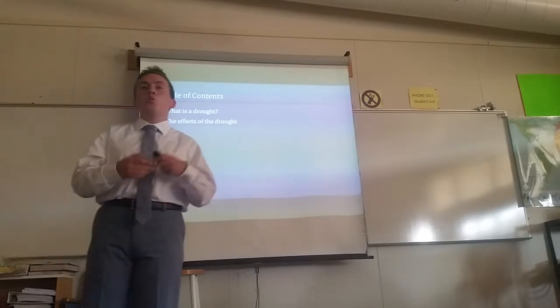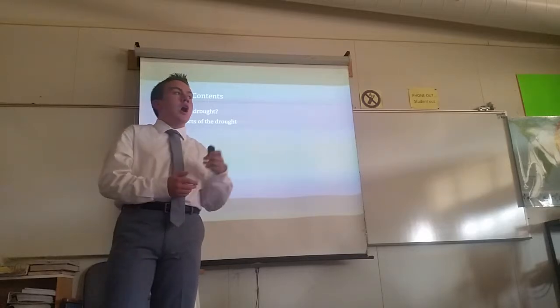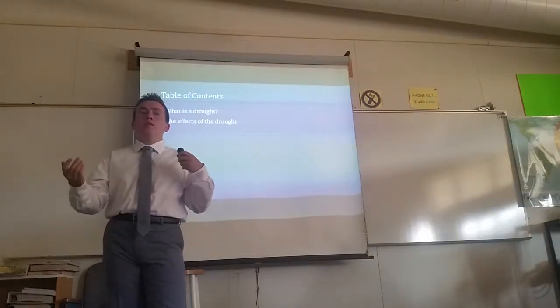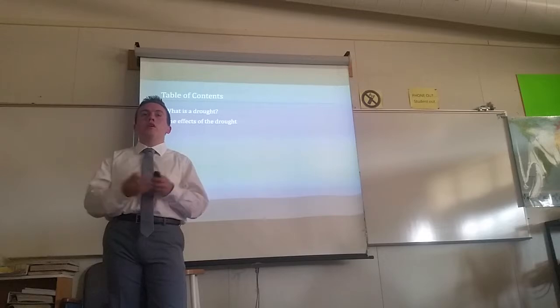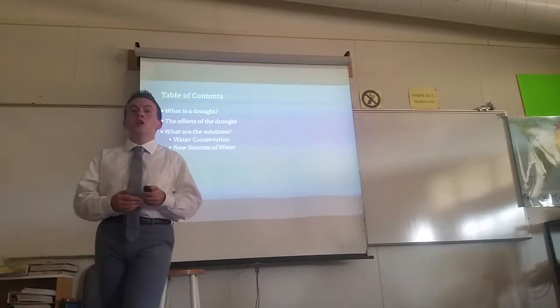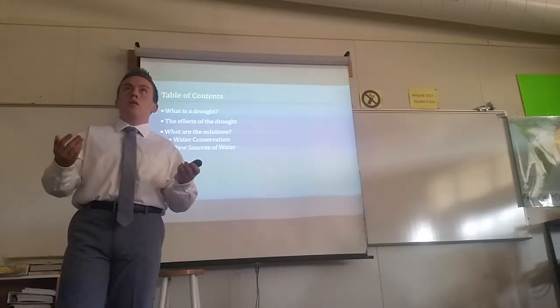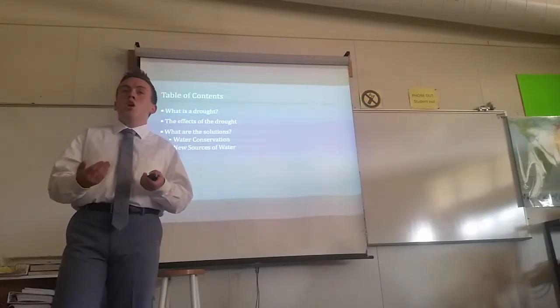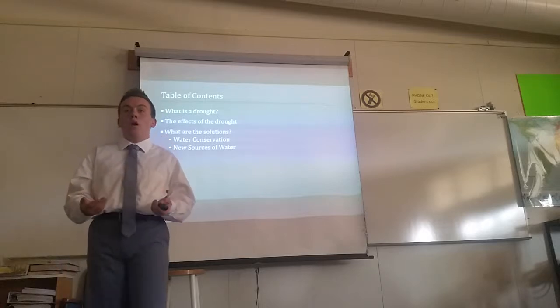Then I will speak about the effects of the drought, how it has happened and how it has occurred with the level of the lake. Also the solutions, because that's something really important for the future. We need to find solutions to find more water.